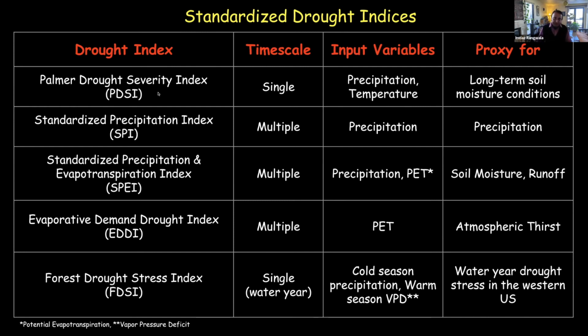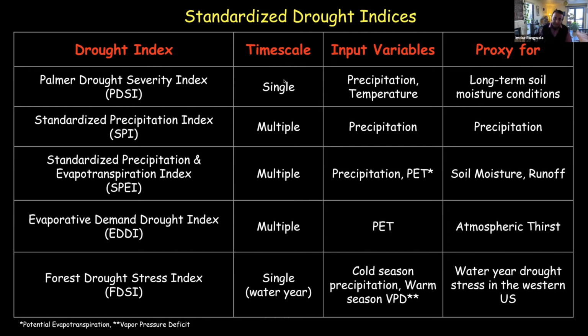These are the Palmer Drought Severity Index, PDSI; Standardized Precipitation Index, SPI; Standardized Precipitation Evapotranspiration Index, SPEI; Evaporative Demand Drought Index, EDDI, as we call it; and Forest Drought Stress Index, FDSI. We'll keep using these acronyms throughout our talk today. We also have a cheat sheet available, and I'll put a link for that, so you can look at it any time if you're not sure what an acronym means.